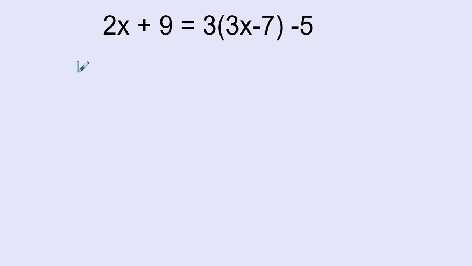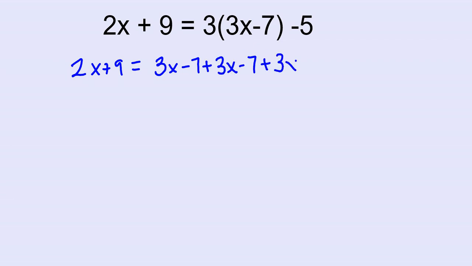So I'm just going to go ahead and rewrite this. So I have 3x minus 7 plus 3x minus 7 plus 3x minus 7, 3 times.